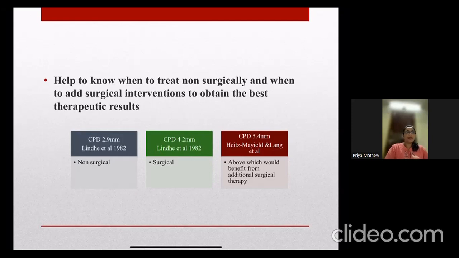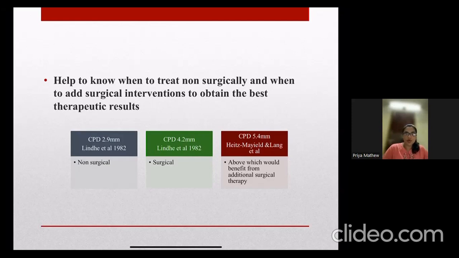Now, the main controversy regarding the values of critical probing depth is whether this measurement is standardized, whether if they say 5 mm, it is standardized to be 5 mm. There can be errors, and also we cannot assume whether it is a gingival or a true periodontal pocket.